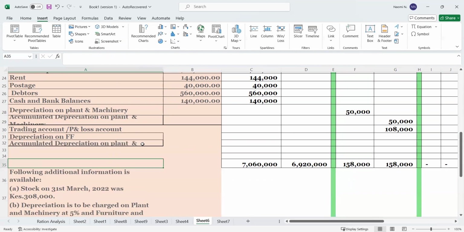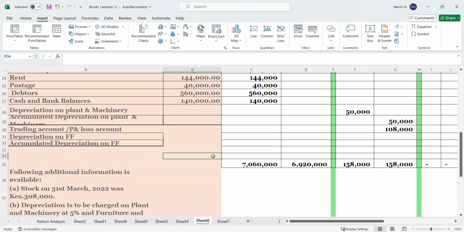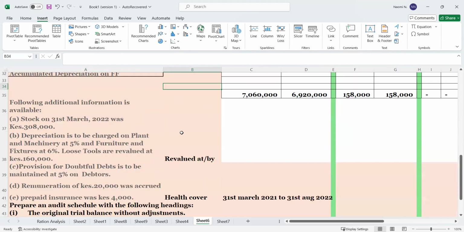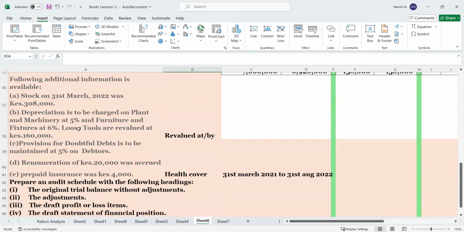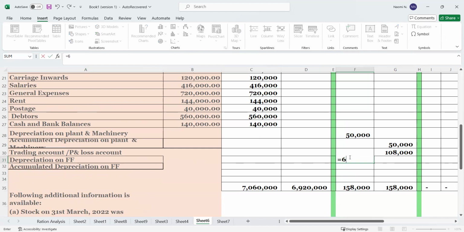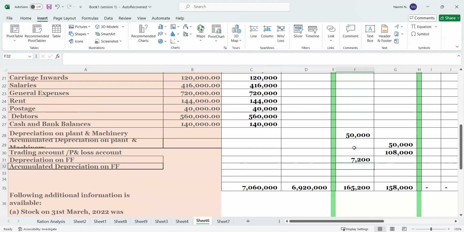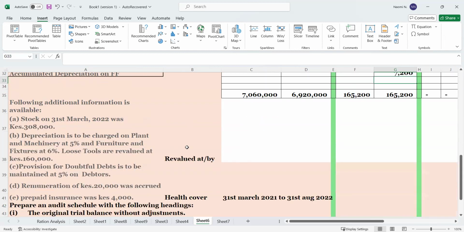Then also accumulated depreciation on FF. They are saying 6%, so the accumulated is 6% times what we were given in the question. What is that? Fittings, 120. We do the same for accumulated depreciation. We debit, we credit, anytime we are given additional information.